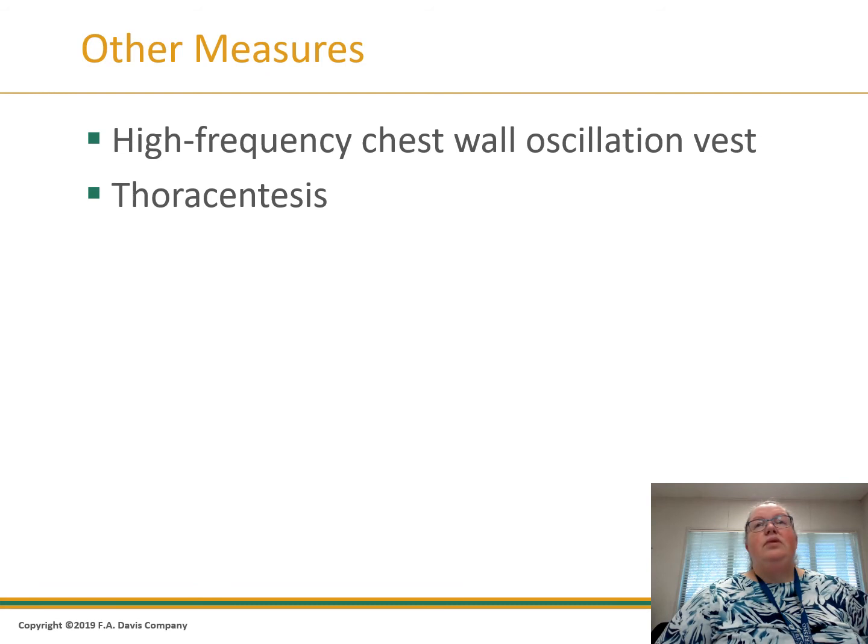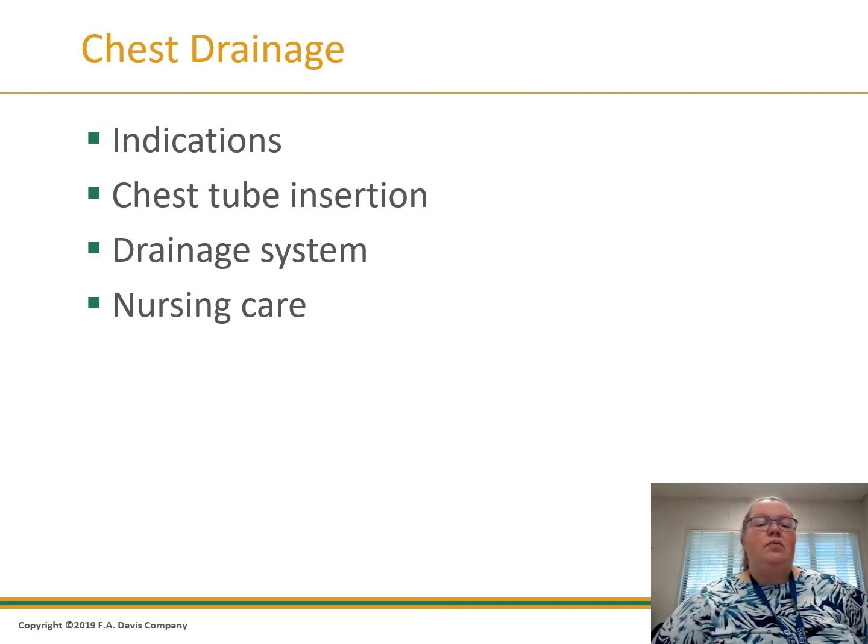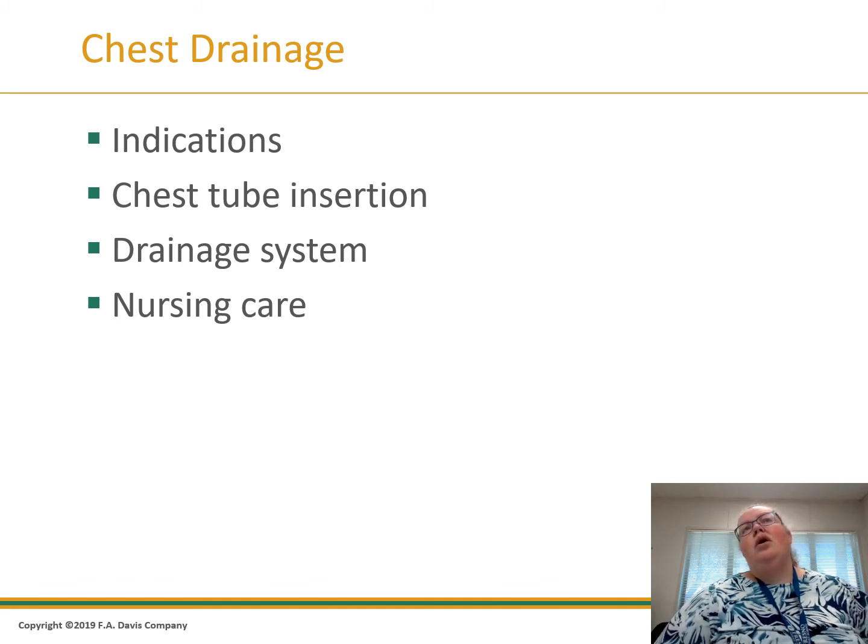So if you believe that there's fluid in the pleural space, oftentimes we have to get that drained out so that the lung can expand. Chest drainage indications would be a pneumothorax, a pleural effusion, pleurisy, an infection of the pleural space, fluid, or trauma.